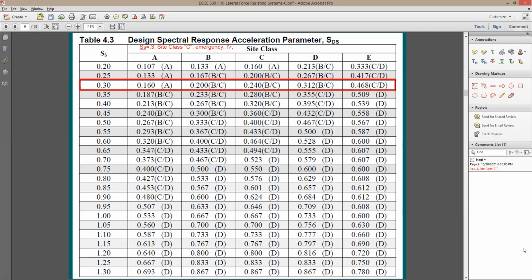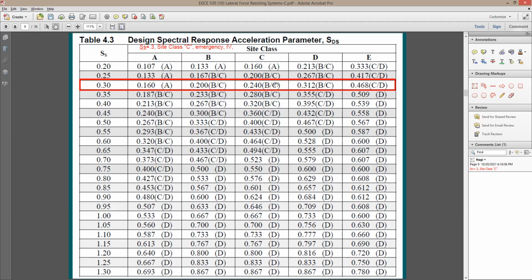So based on this information here, what seismic design category would you have? You can see here, SS is going to be 0.3. Site class is going to be C. So the SDS is going to be 0.24. See? And then yes, it's going to be C. Why?